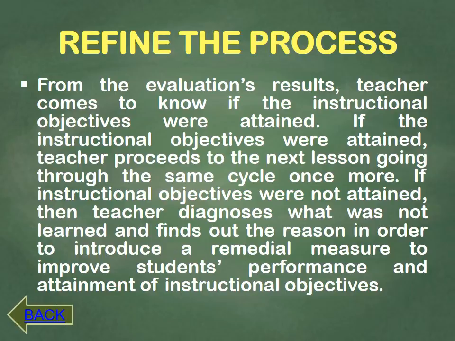If the instructional objectives were attained, the teacher proceeds to the next lesson, going through the same cycle once more. If instructional objectives were not attained, then the teacher diagnoses what was not learned and finds out the reason in order to introduce a remedial measure to improve students' performance and attainment of instructional objectives.